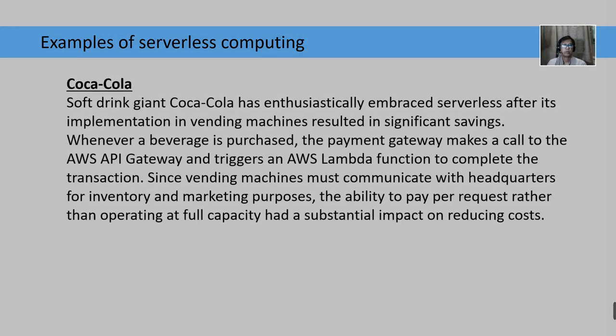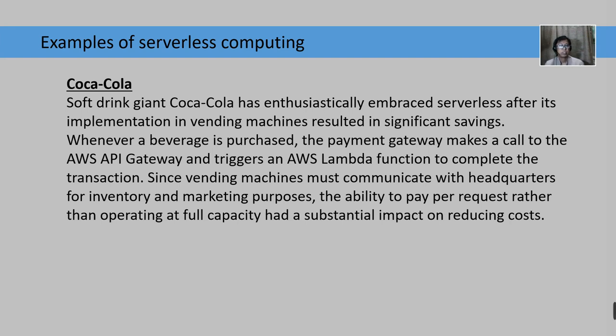I think this is the last one, Coca-Cola. Soft drinks giant Coca-Cola enthusiastically embraced serverless after its implementation in vending machines resulted in significant savings. So it uses serverless computing for its vending machines. Whenever a beverage is purchased, the gateway makes a call to the AWS API Gateway and triggers an AWS Lambda function to complete the transaction.